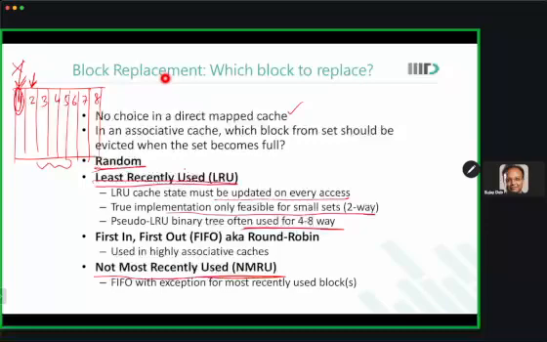So on every access you have to make this update, that currently this is the least recently used, and then after the next access you have to update it again. With FIFO, any block could be accessed, so there is no sequence. But for FIFO, you know the sequence, that this block came first, then this block. So maintaining FIFO is very easy.